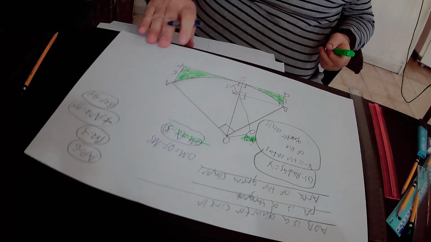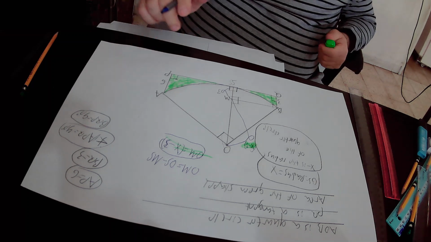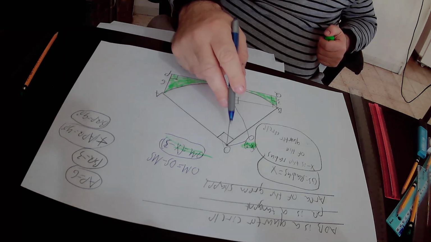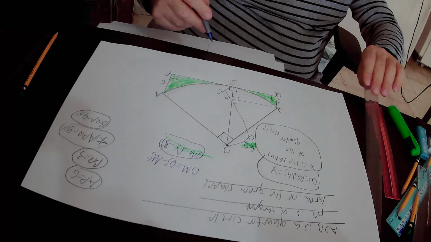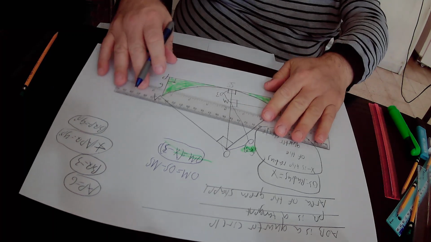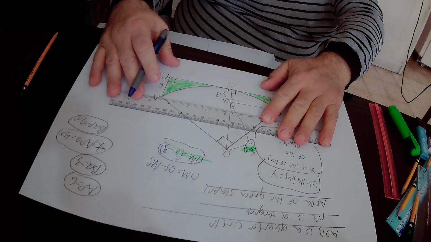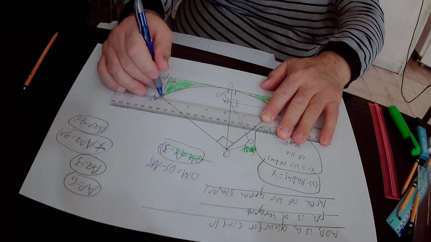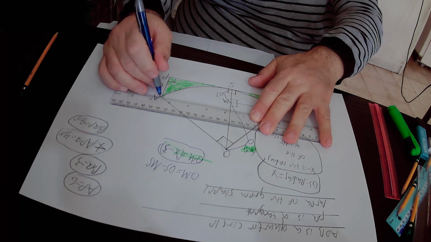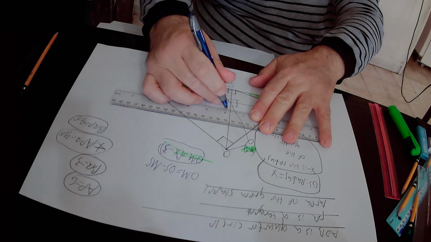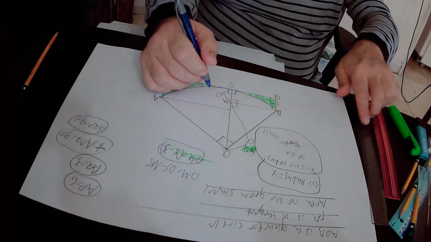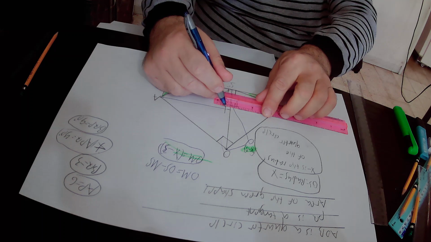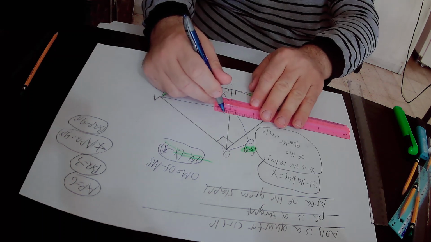In the next step, we will do another construction, that is to say, from point A, we will do a perpendicular on OS. So actually, this angle equals 90 degrees, and this angle also equals 90 degrees according to our construction.